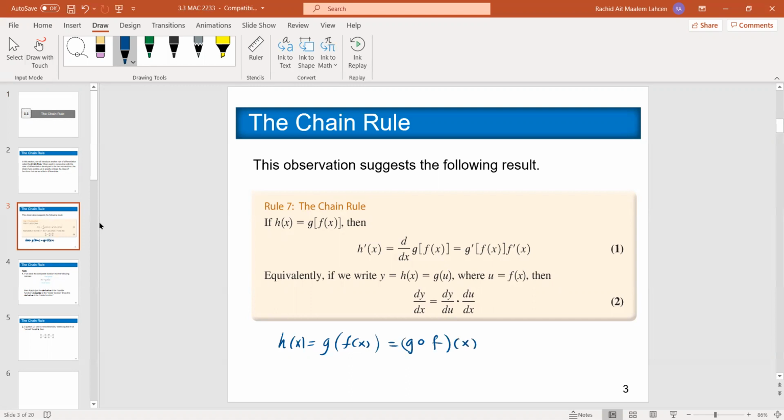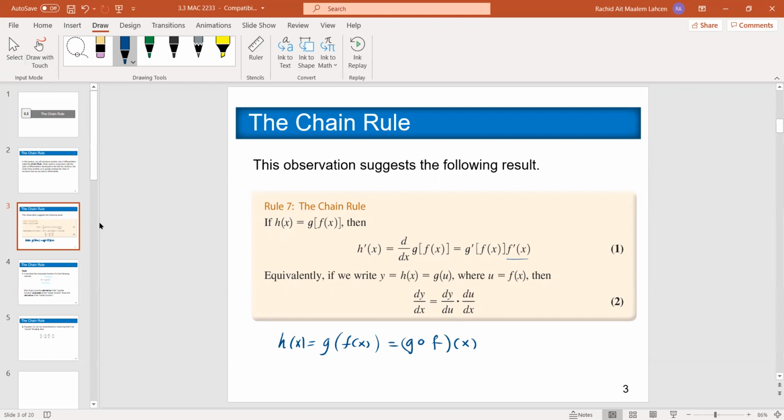And of course, you practice on this. In this case, to find the derivative, you have to use this other part of f prime, otherwise you won't be correct.